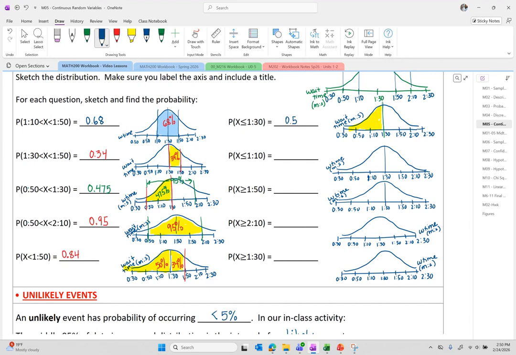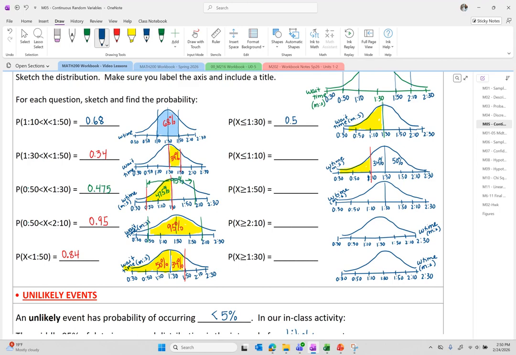What's the probability it is less than 110? So 1 minute and 10 seconds is 1 standard deviation below the mean. Less than that will be the data to the left. And we know that the data to the right is 50% to the right of the mean. The data between 1 standard deviation below the mean and the mean is 34%.